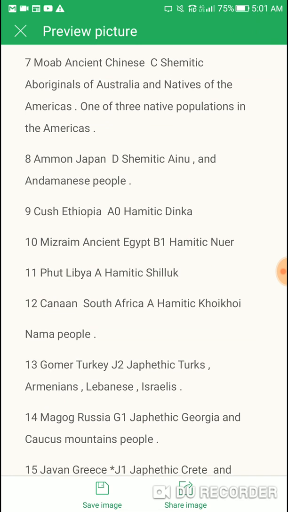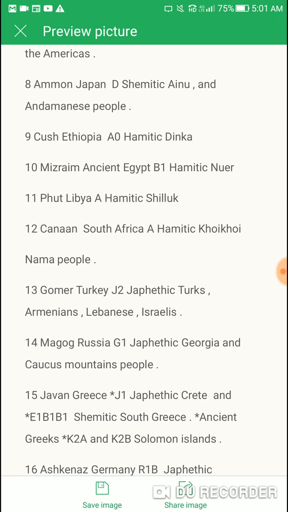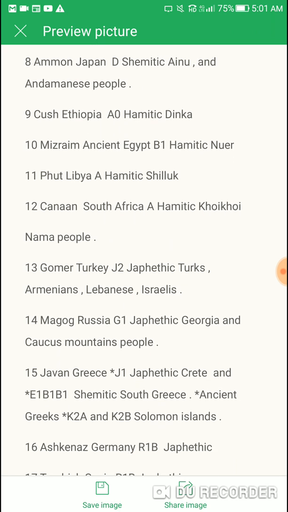Moab, I just put ancient Chinese, and then I put Shemitic Aboriginals of Australia, Native Americans. This was something I didn't know.